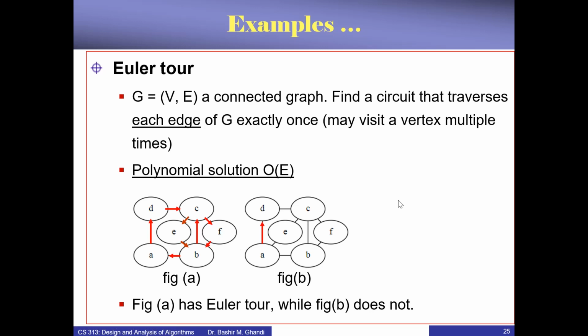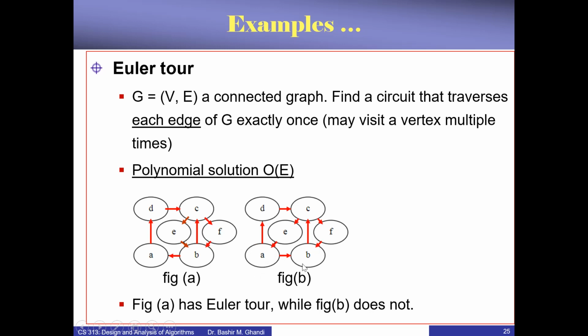If you start from A, you can go to D, then DC, then CE, then EA, and then AB, BC, CF, FB. Now we have visited all the vertices, but we have not come back to our starting vertex.